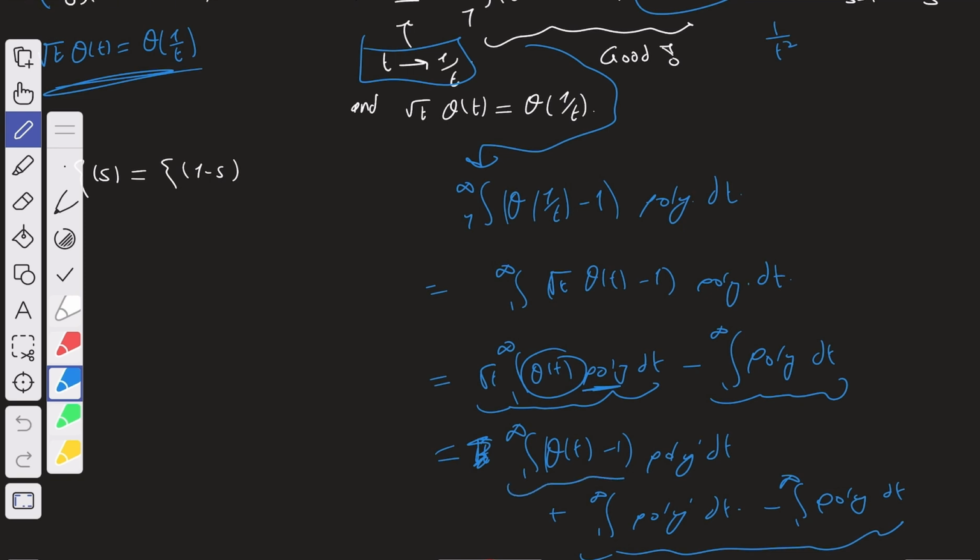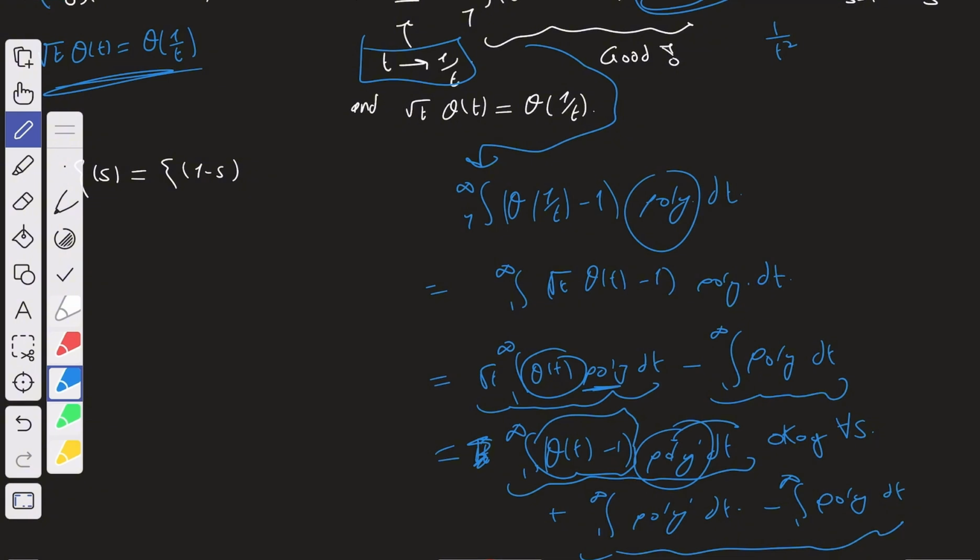This part is okay because it has a nice decay and this is just a poly, so it is okay for every complex number s, because this polynomial is just a function of s too. So this is defined for every s.